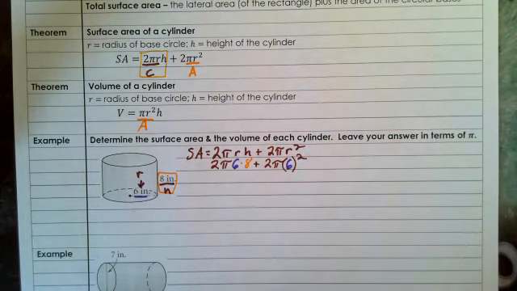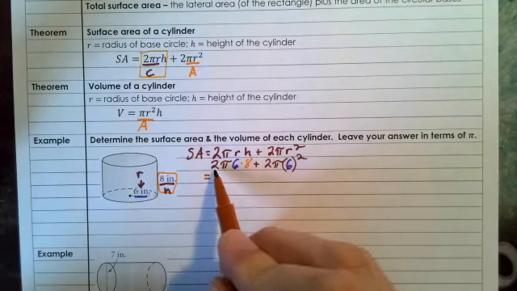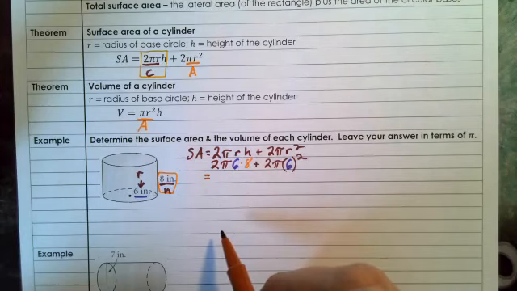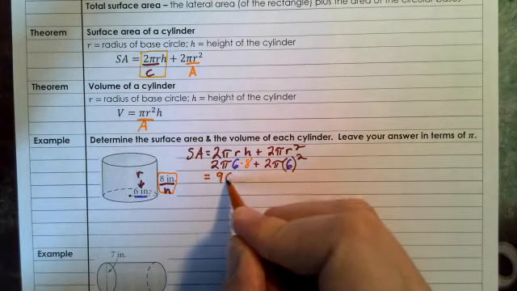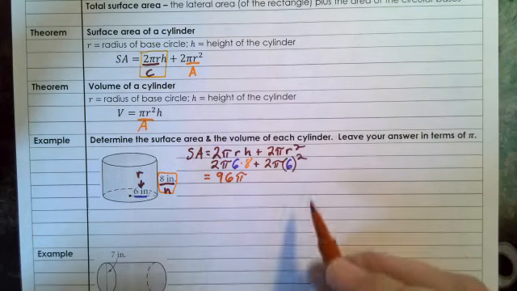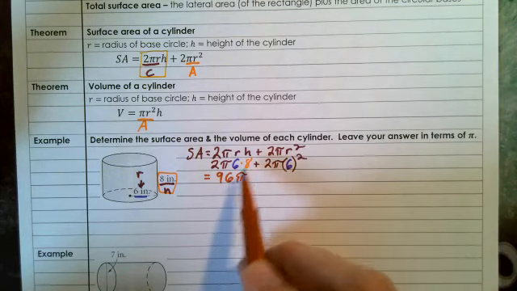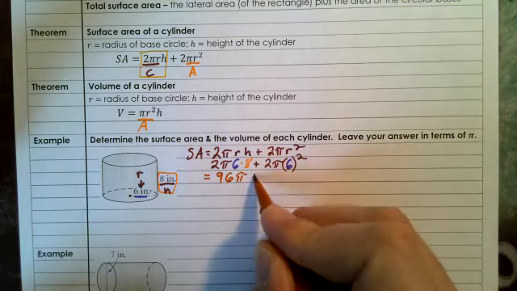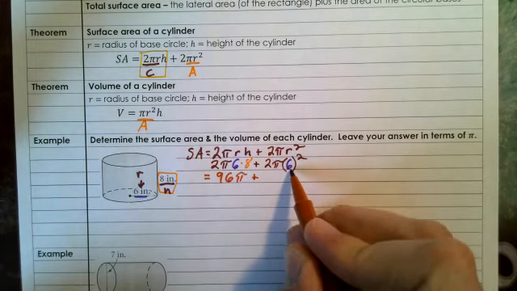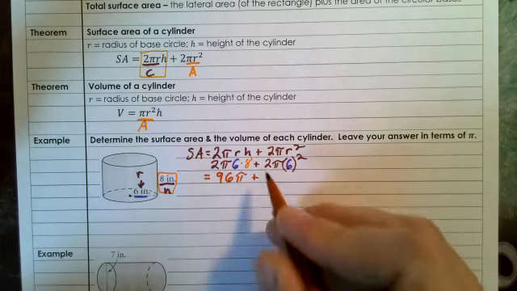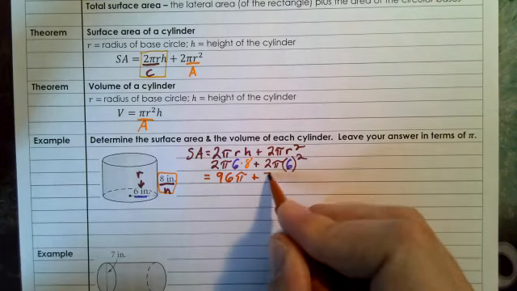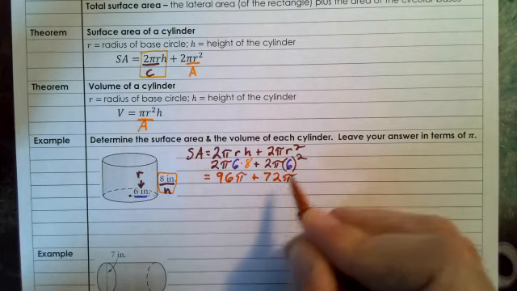So our job is just to multiply all this stuff together and see what it spits out. So we've got 2 times 6, that is 12, times 8 is 96 pi. So I did 2 times 6 times 8, got 96, plus 2 times 6 squared. 6 squared is 36, times 2 is 72 pi.